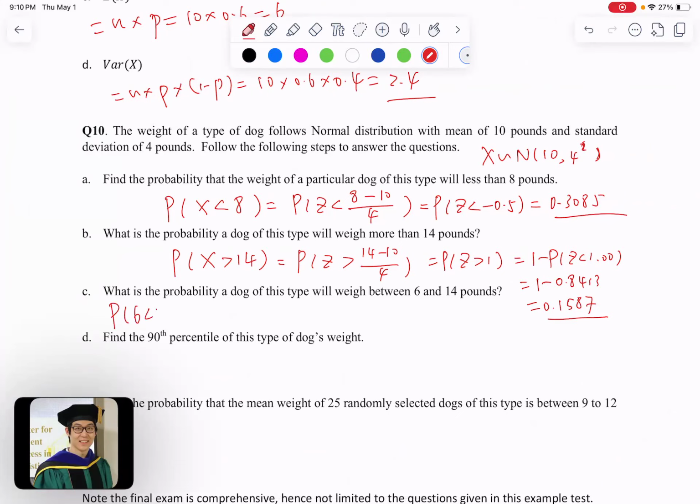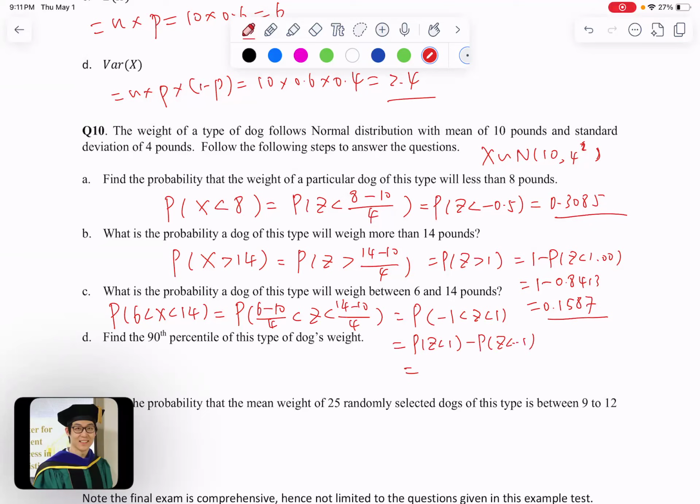What is the probability of a dog this type will weigh between 6 and 14? So probability of 6 smaller than x smaller than 14. So that is probability of 6 minus 10 over 4 smaller than z smaller than 14 minus 10 over 4. So that's probability of negative 1 smaller than z smaller than 1, right? So that's probability of z smaller than 1 minus probability of z smaller than negative 1.